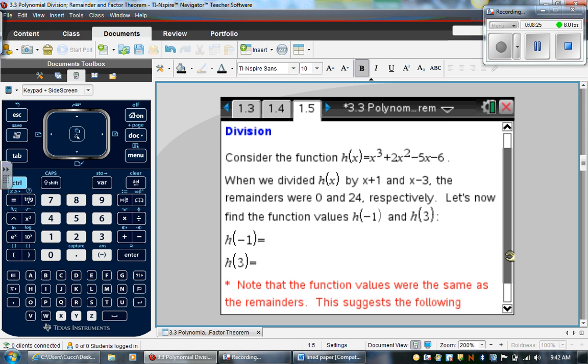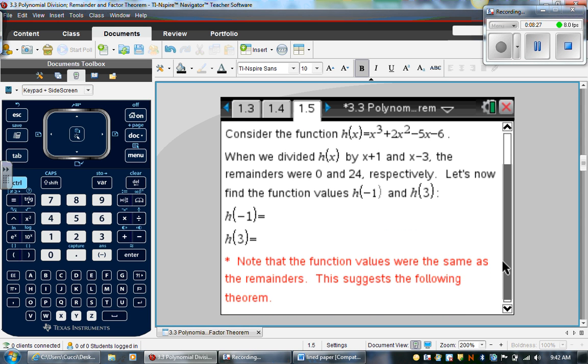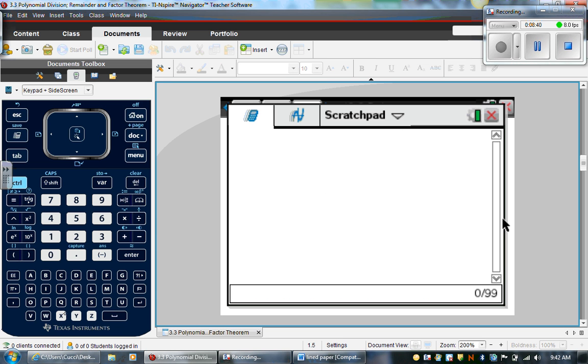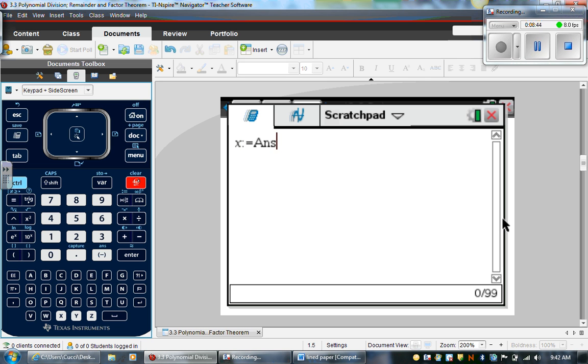So again, this is an important note. The function values should be the same as the remainders, and this should suggest the following theorem. So when we go to find h of negative 1, we're going to store x as negative 1. Okay, we're going to put in our function.